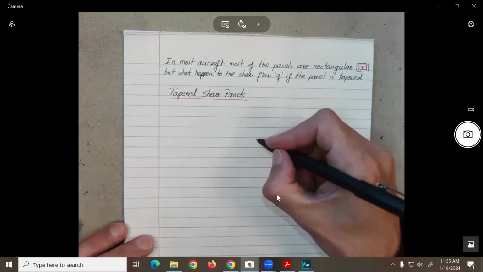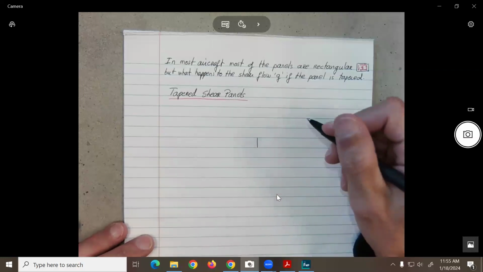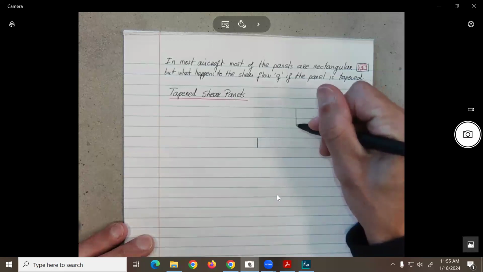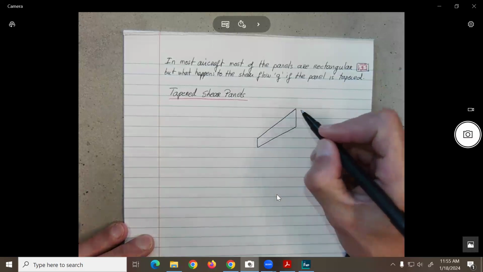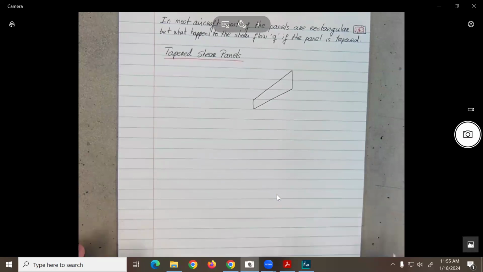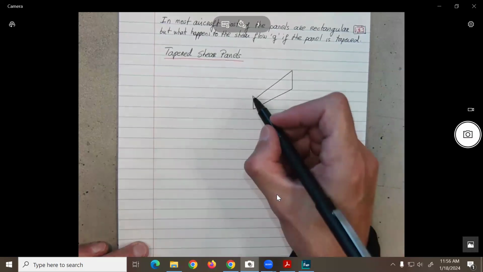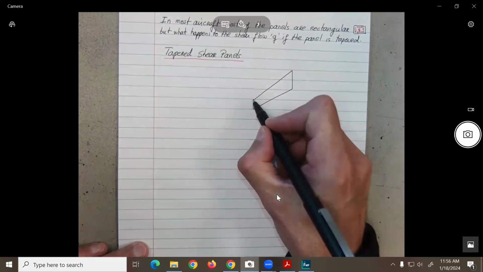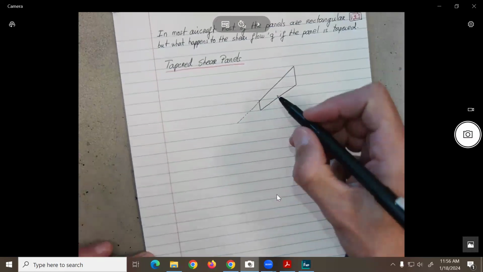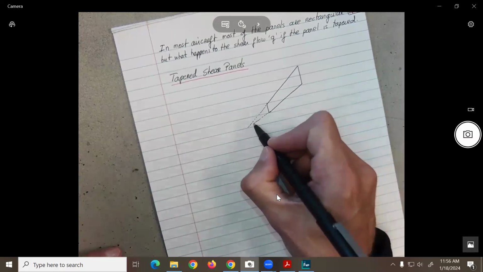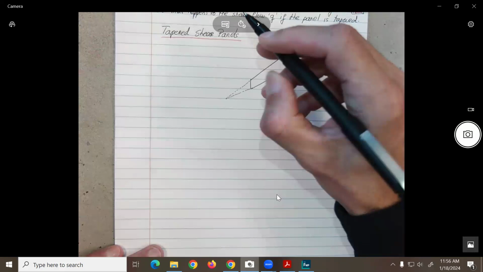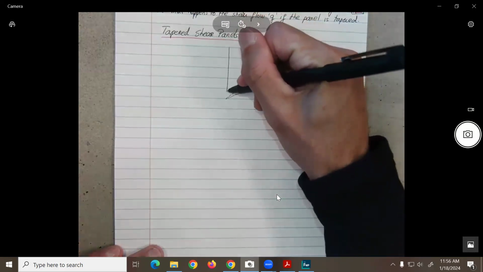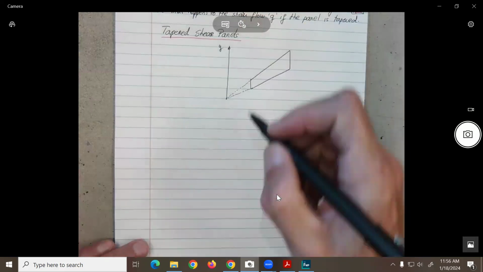So let's look at the geometry of a general tapered panel. So this will be a shear panel that is tapered. Obviously, in order to study this one, let's say this will be defined within a coordinate system y and x.